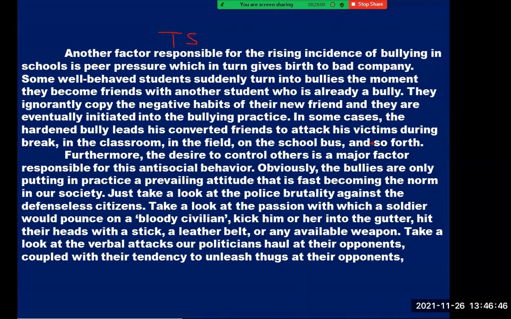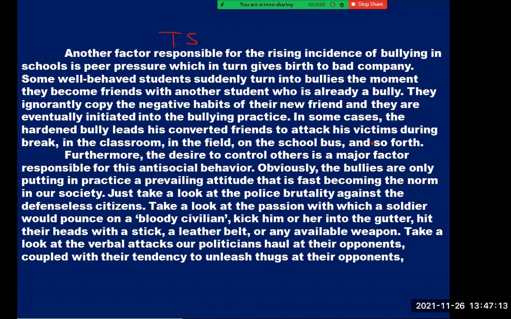You see, sometimes you find a group of students going to attack another student. It could be that the one who is a bully became friends with some other people who now joined him in that habit. He influences them, and they all agree due to peer pressure, and they can gang up and beat up another student.